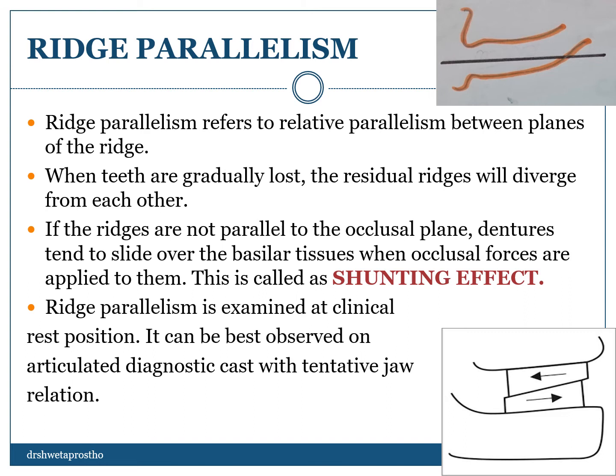And the answer is that if the occlusal plane is lower in the molar area, as you can see in the image on the lower right corner, there will be a tendency for the upper denture to be displaced posteriorly and the lower denture anteriorly. This is called the shunting effect.